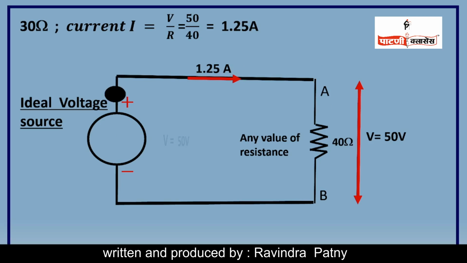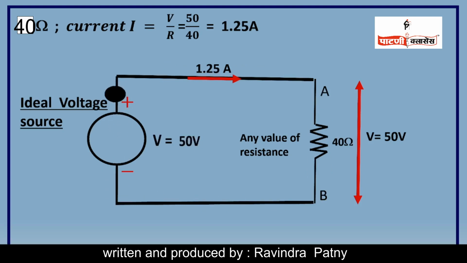Now, when 40 ohms load resistance is connected, we find the current flowing through the circuit is changing, but terminal voltage is not changing. Once again, for the load resistance of 40 ohms, terminal voltage is not changing. No doubt the current is changing.